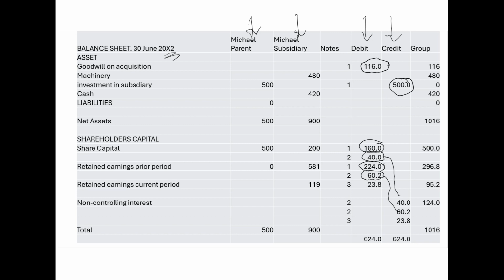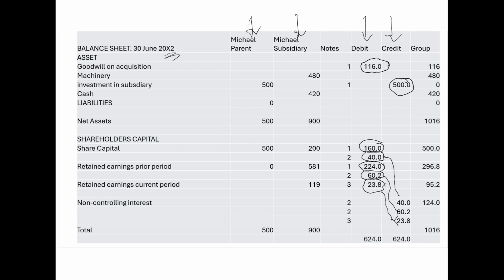Then our third entry was for the current period transfer. For the current period, from retained earnings, 20% of that we transferred, 23.8 million to the non-controlling interest.